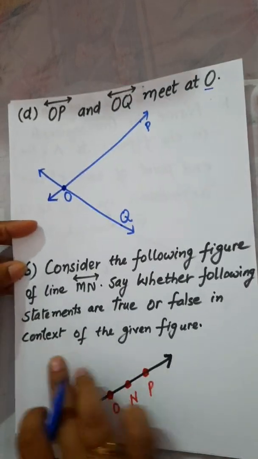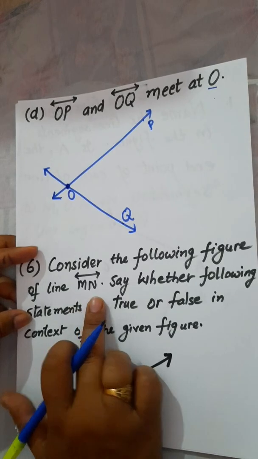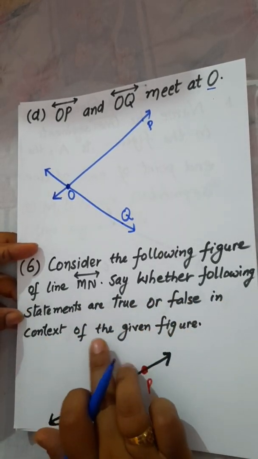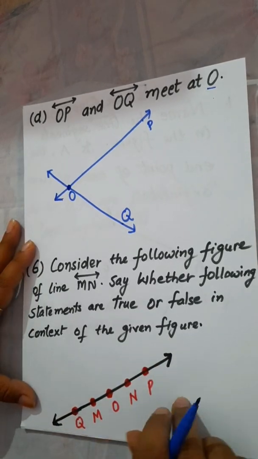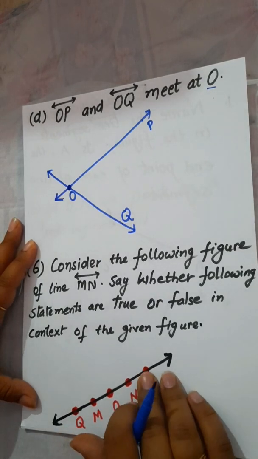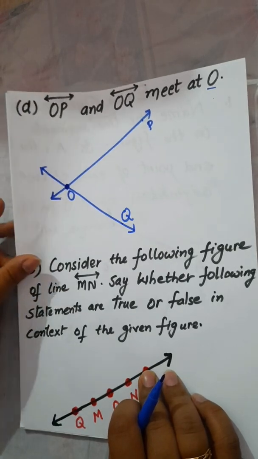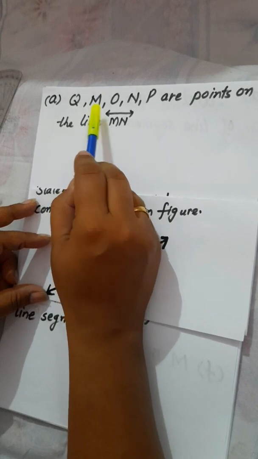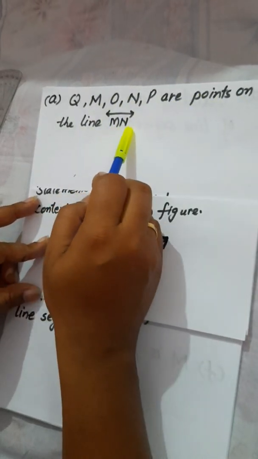Now next we have question number 6. Consider the following figure of line MN. Say whether the following statements are true or false in context of the given figure. In this we have a line, and on this line we have a number of points, and on the basis of this figure I have to write true or false for each statement. A part is Q, M, O, N, P are points on the line MN.